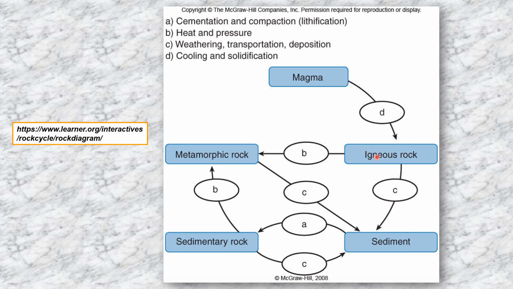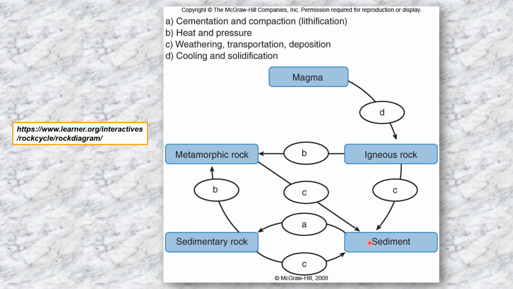Okay, here's my igneous rock, and it was formed from magma. And so you can turn it into a sedimentary rock by, well, first the igneous rock has to be weathered, weathering and erosion, transported by running water, and then later deposited somewhere else into layers of sediment.